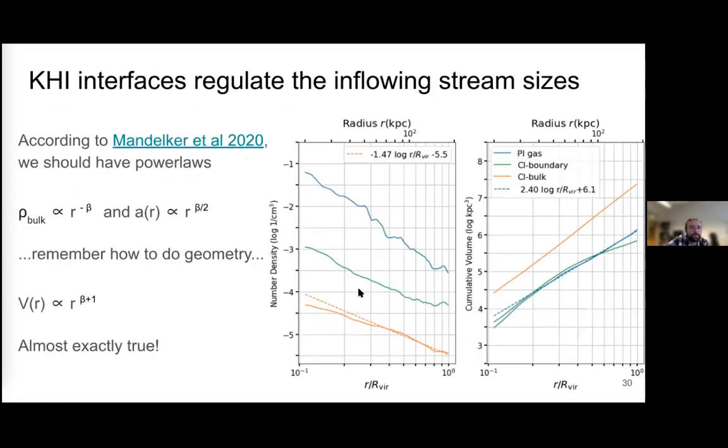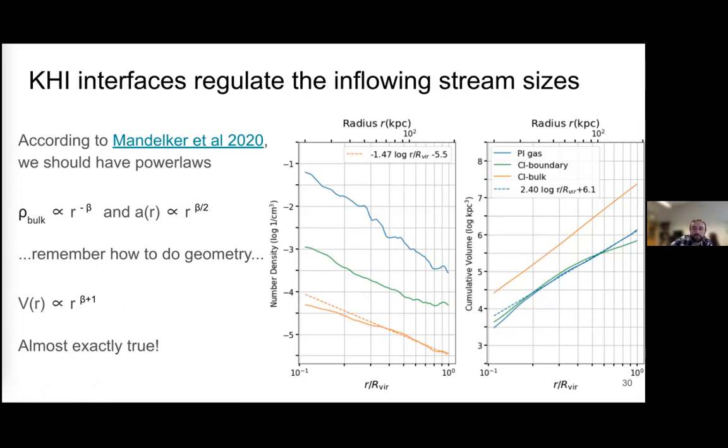Especially since the more compelling thing maybe is the total size of the stream, which, as we said, we know because the mass is conserved and the density of the stream is known, should scale as r to the beta over 2, so the negative half of the power law for the bulk, sorry. It's hard to identify a single stream, but if we integrate all the streams together, then our total volume inside the streams should be this number squared, so beta over 2 to the beta, and then plus 1 because we're integrating.